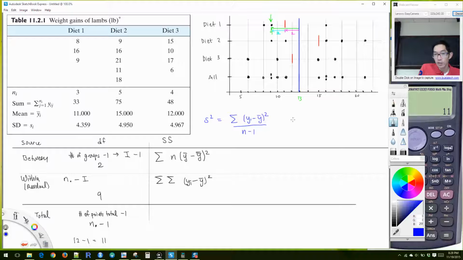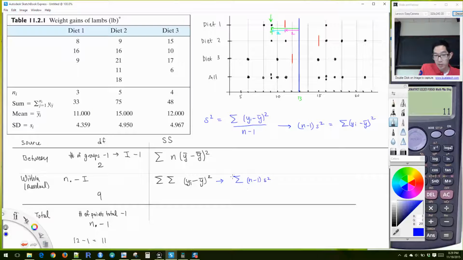So I could multiply both sides by n minus 1, and this gives me the numerator. And so that's what I'm going to do: replace this part, including the sum, with n minus 1 times s squared.